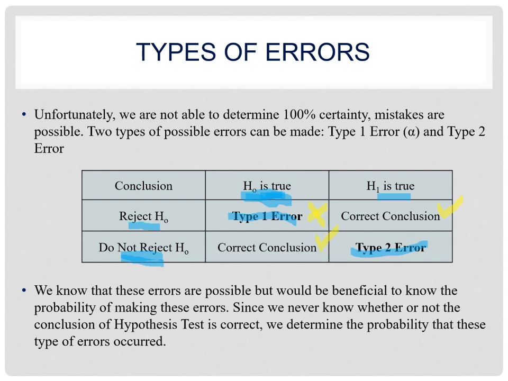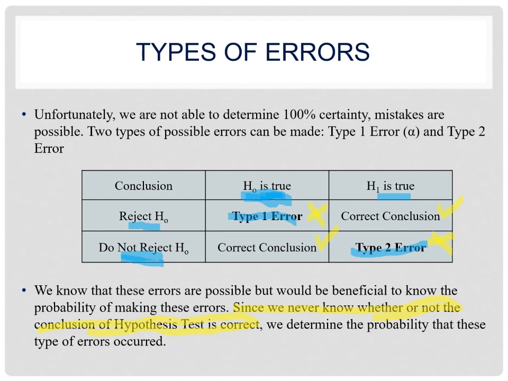You've decided not to reject H0, you are sticking with the assumption, and the assumption is true. But if you decided that yes, the average is 20, but in fact it wasn't all along, you've made a Type 2 error. Again, there is no way to know whether you've made these errors or not.